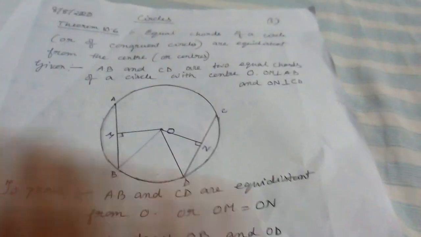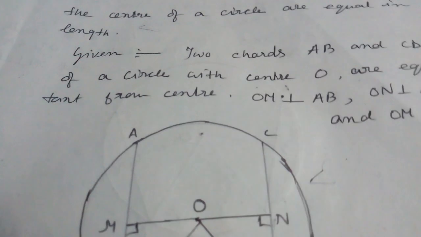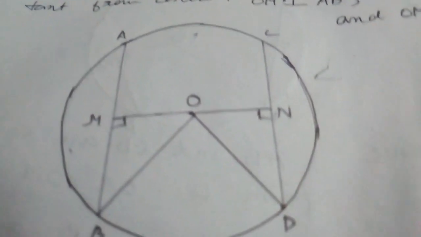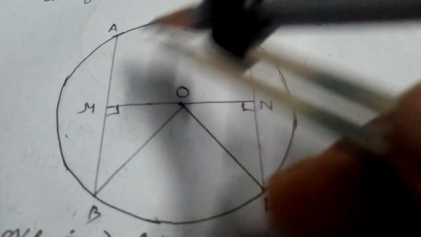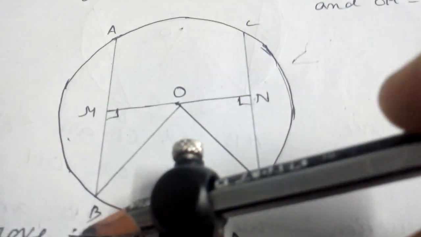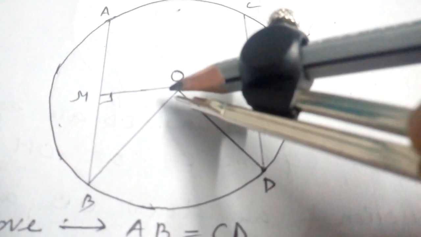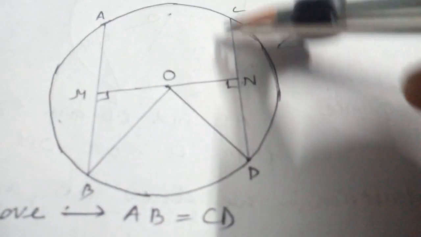Next, the converse theorem of 10.6: equidistant chords are equal. That is, OM is perpendicular to AB and ON is perpendicular to CD, and this time it is given that OM is equal to ON, and we are to prove that AB is equal to CD.